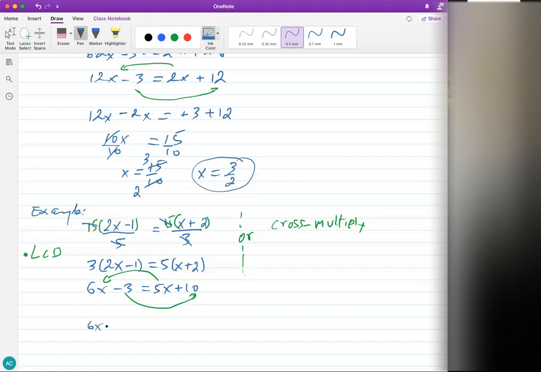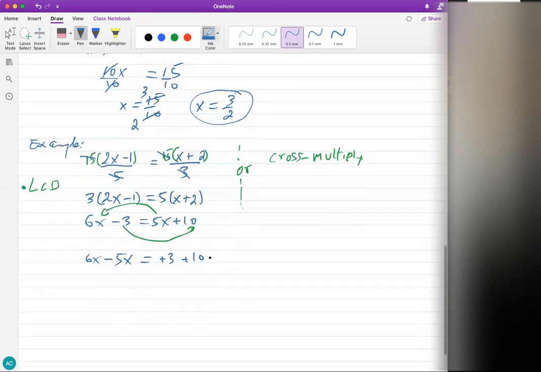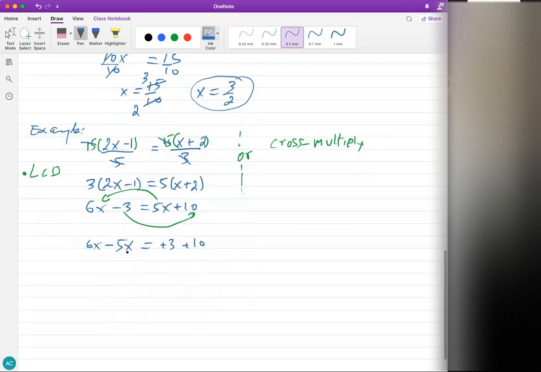So 6x, take away, again, don't forget to change the sign. Positive 5x turns into -5x. -3 turns into +3. Bring down the +10. And we're almost there. 6x, take away 5x, that's 1x or x. And of course, that's 13. Okay, that's one way, the way of the LCD.